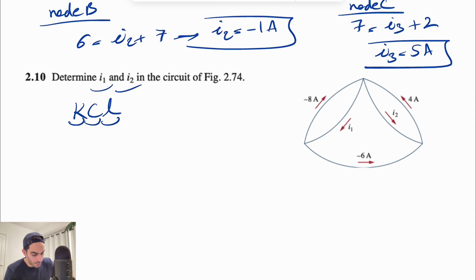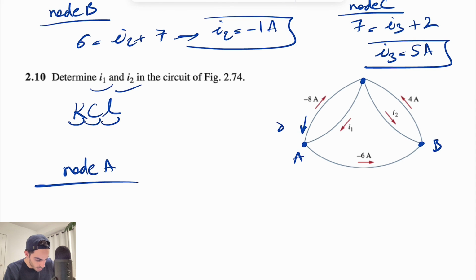So we have 3 nodes in total. Again, we go with the node that has the fewest unknowns. Let's start by calling this one A and this one B. We go with node A, and keep in mind that the negative signs here show that the current is actually going the opposite way.